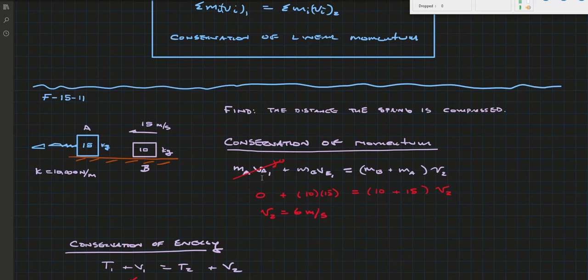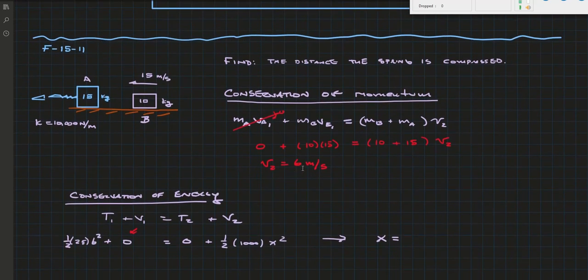We have the mass of A times the velocity of A, which is 0, it's just sitting there, plus the mass of B times the velocity of B, which is 10 times 15. This equals, when they connect and hook together, the sum of the masses, 10 plus 15 is 25, times the final velocity. So that velocity is 6 meters per second.